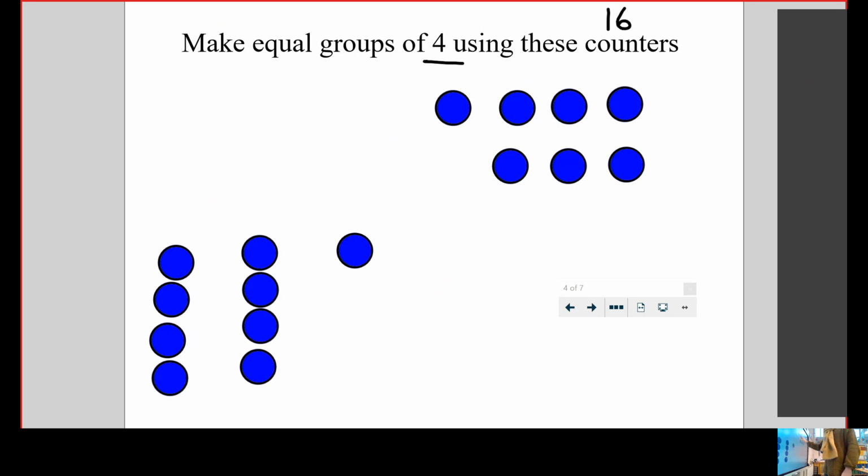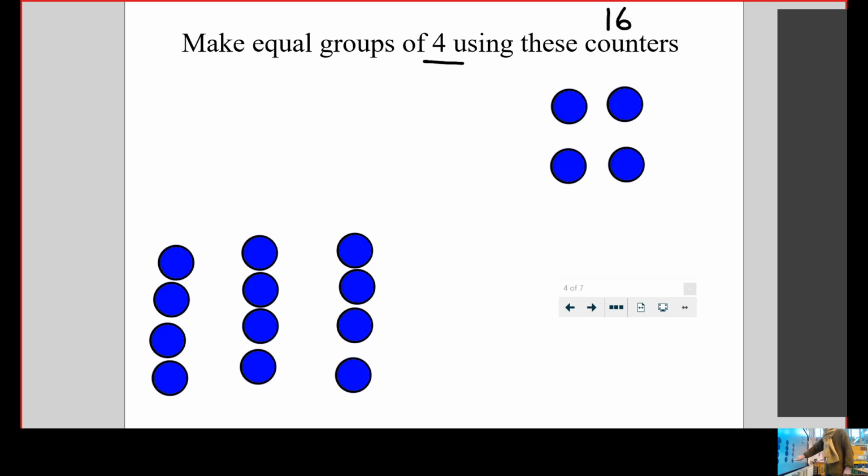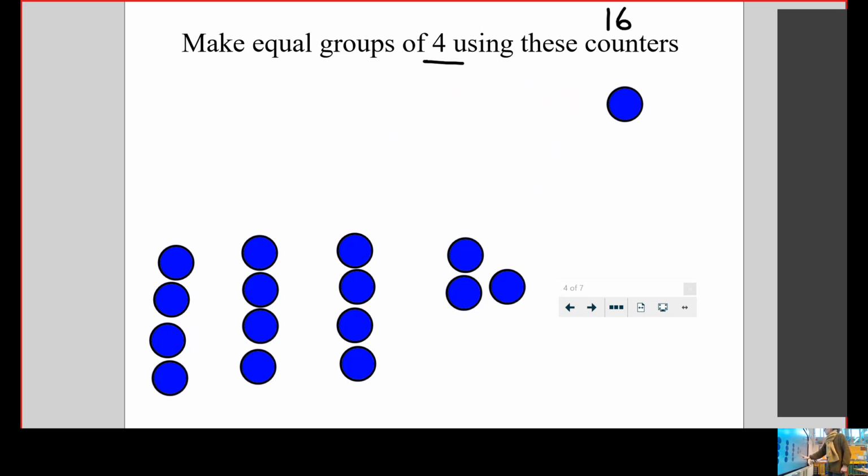Okay, so far we've got 2 groups of 4. 1, 2, 3, 4. Let's see if we can get another equal group. So a group of 4. 1, 2, 3, 4. So each of my groups has 4 counters in because we are making equal groups of 4.